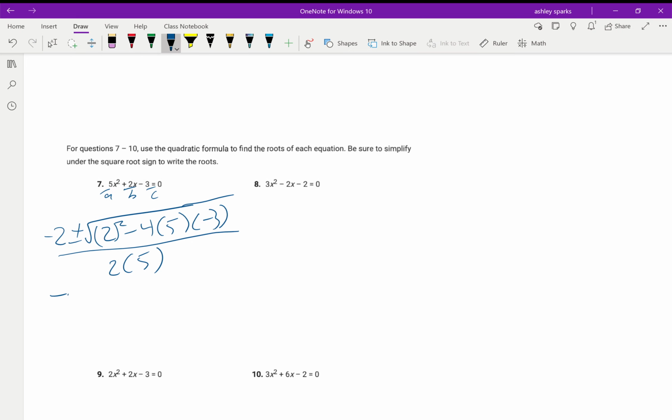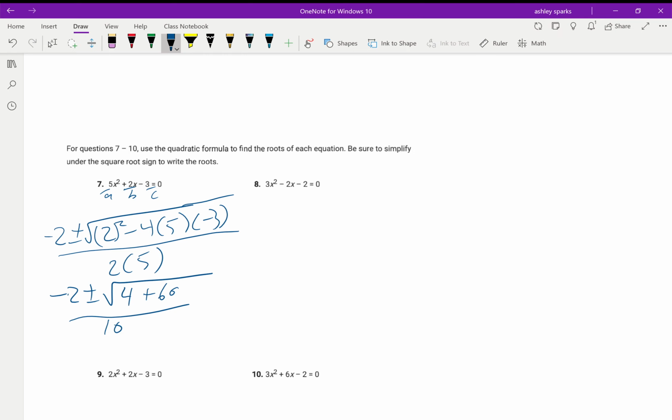Negative 2 plus or minus the square root of 4, and we have, let's see, what is that going to give me? 4 times 5 times, oh, nope, yes, positive 60. 4 plus 60 over 10.